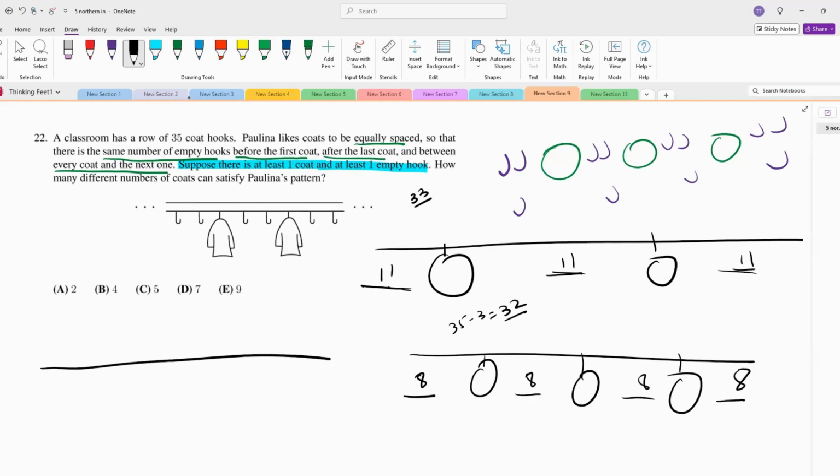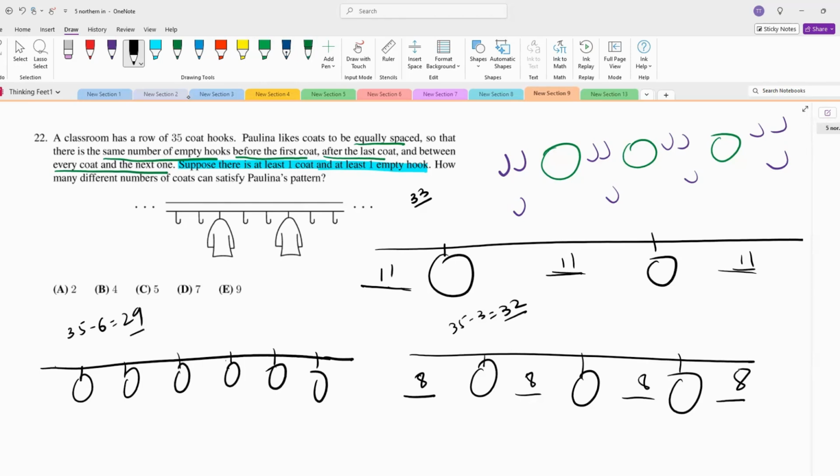Now let's consider another case. I'm trying to create a case that doesn't work, okay? So let's move a little more. Let's say 6 coats hanging. 3, 4, 5, 6. Right, I got 6 coats. So the number of free hooks is 35 minus 6, which is 29.